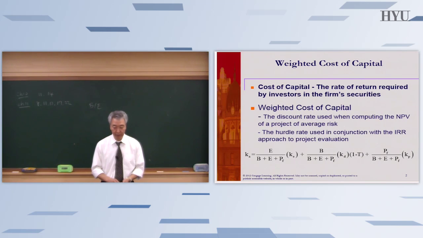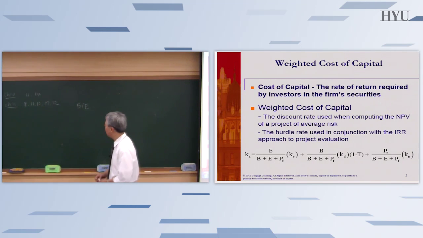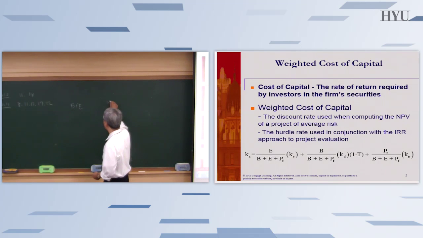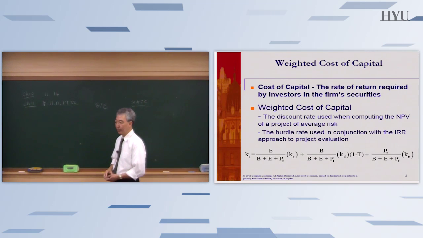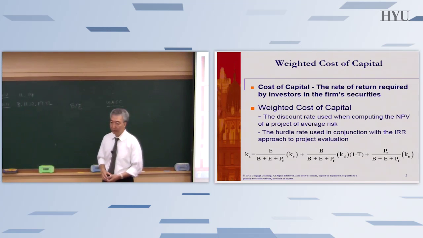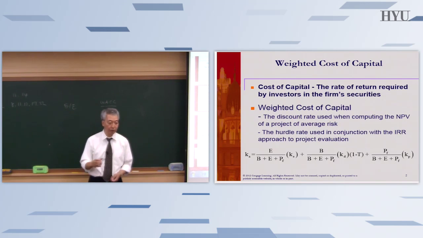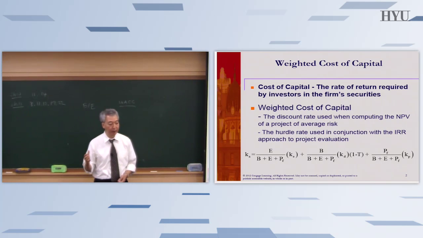So the idea is when a company has WACC, the company is going to use this rate, cost of capital, to evaluate all the projects that they are considering. The problem is some projects are riskier than others.